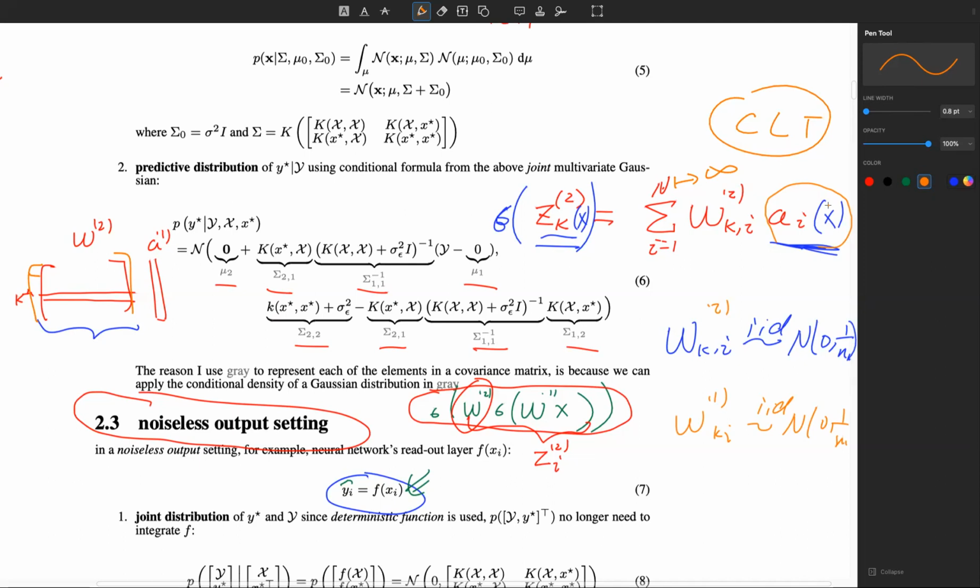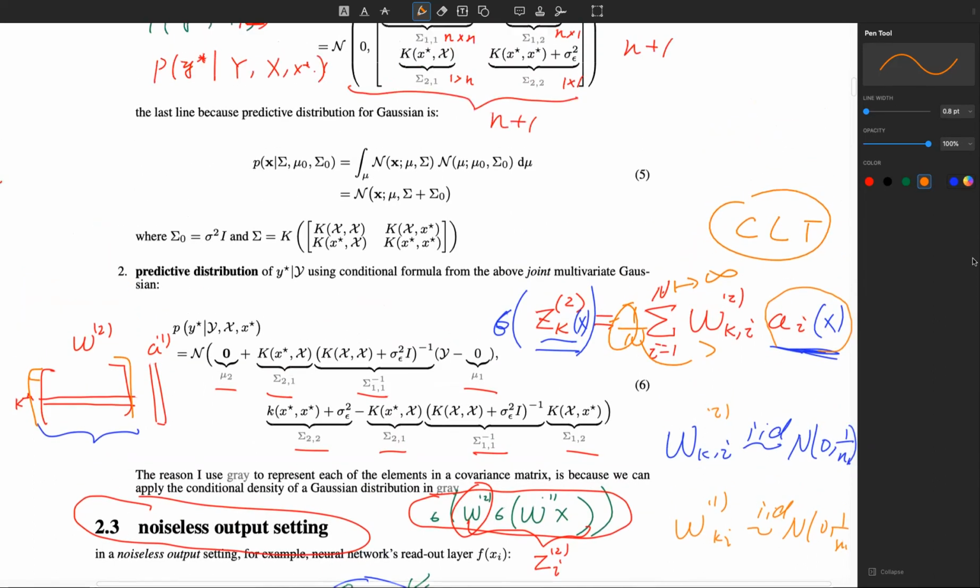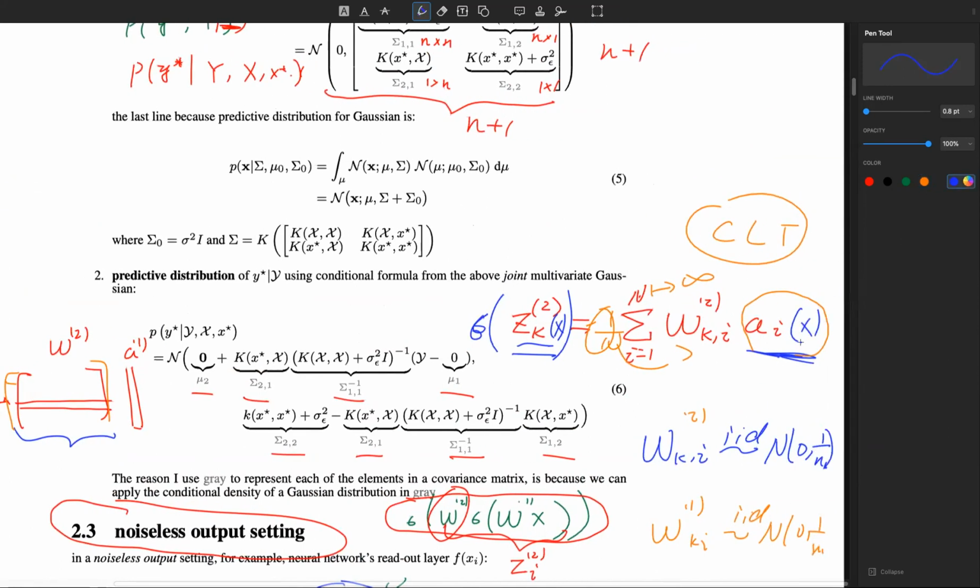As long as you have a large number of them, then by taking the average, which can be embedded in W, you are going to get yourself a Gaussian distribution, okay? So remember, it works for X, right? It also works for X prime.